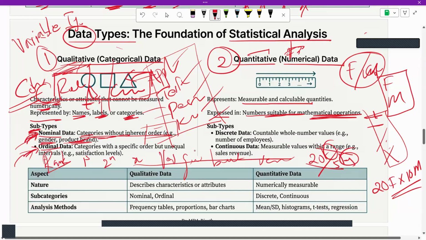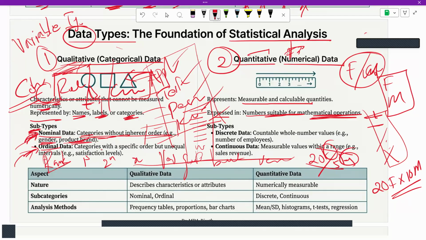Qualifications: primary, secondary, O level, A level, certificate, diploma, degree, postgraduate diploma, master, PhD. Right? So it has what? It has order. Ordinal data, even though it has no numerical values.